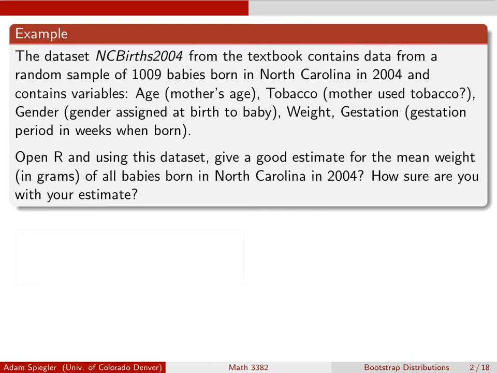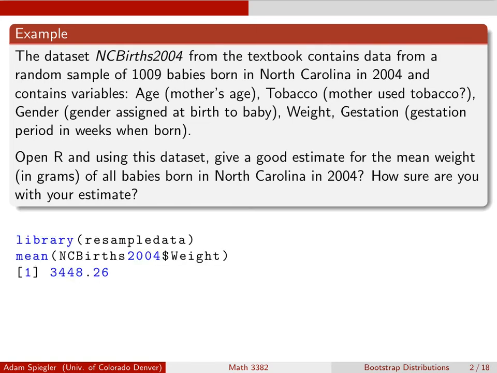And if we wanted to come up with an estimate, which is what this question is saying, what is a good estimate for the mean weight of all babies born in North Carolina in 2004? Well, being that we have this data set of 1,009 babies, this is not all of the births, so this is a random sample of births, then we can load up the library resample data and then calculate the mean of the variable weight inside of this data set.